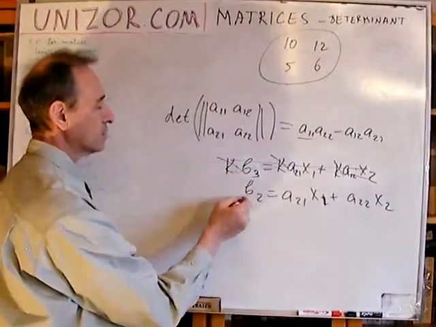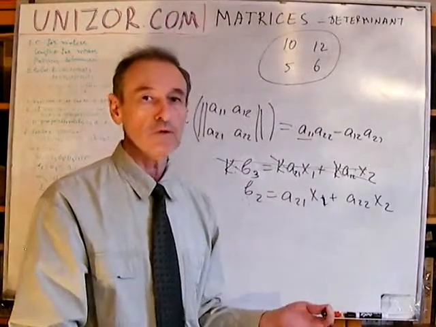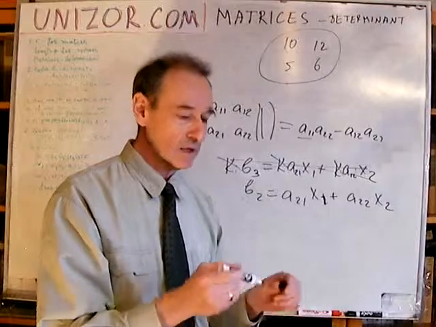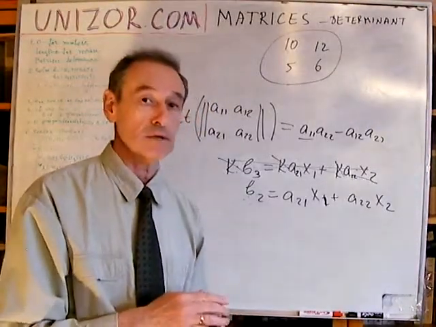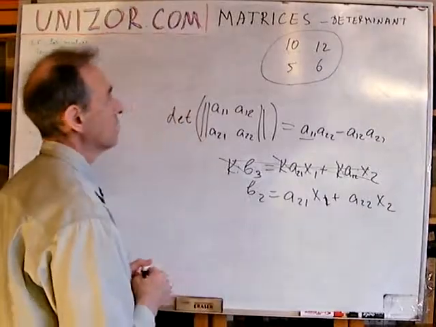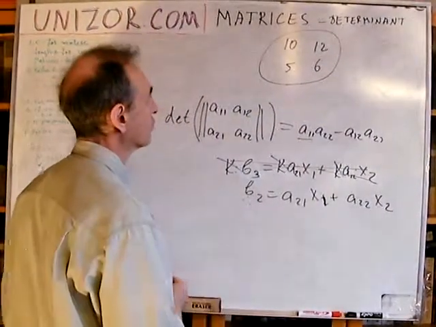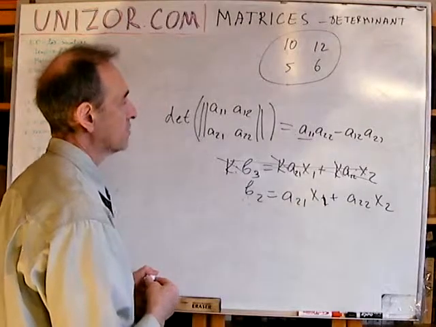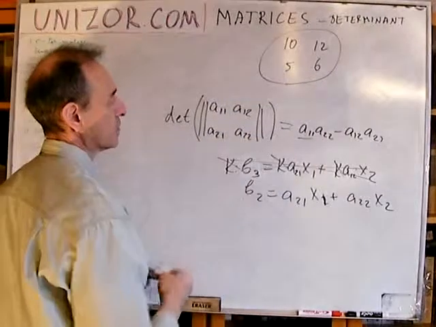If B1 and B3 are different, then these two equations contradict each other, which means we don't have any solutions. And that's exactly what I'm talking about when I mention that the determinant is equal to 0. So proportionality is the same sufficient condition for the determinant being equal to 0, by the way, proportionality of rows in this particular case.